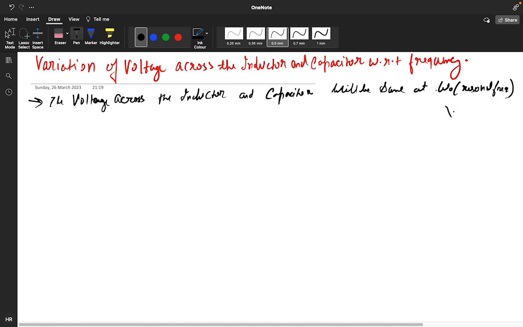Why so? Because XL is equal to XC. V is equal to I into XL, and VL, I'm talking about the magnitude part, and VC will be I into XC. If these values are the same and we have the same current in series, this voltage will be the same, because these magnitudes are the same, right?